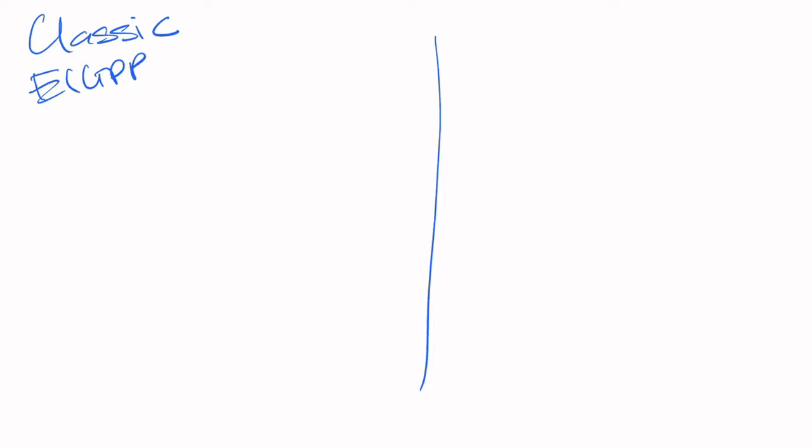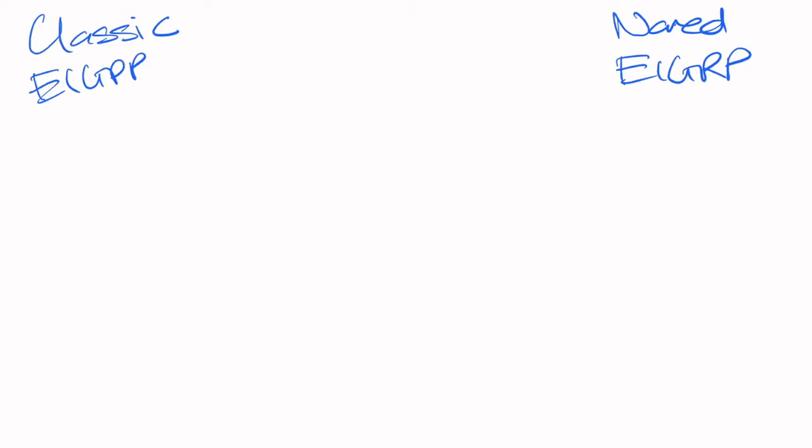In this scenario, we have one side of the network in Classic EIGRP mode. Another side is going to be in Named EIGRP mode. For whatever reason, this is the environment where this particular problem reared its ugly head.